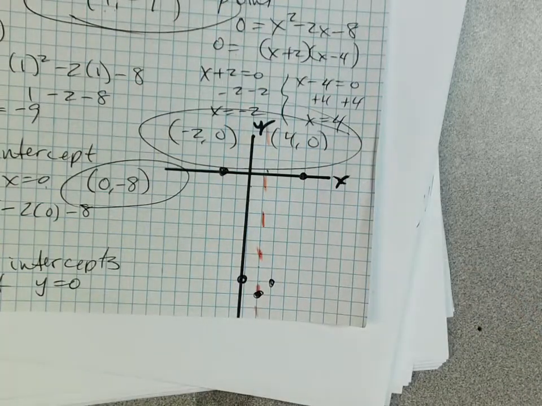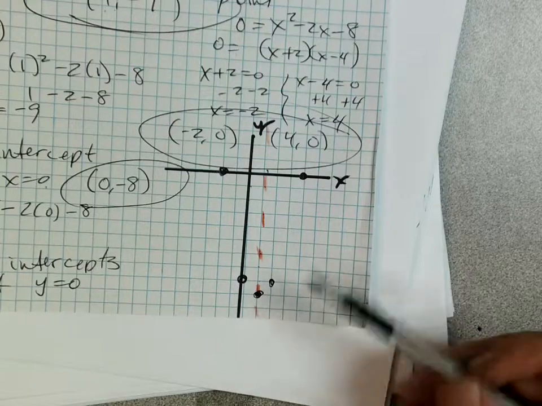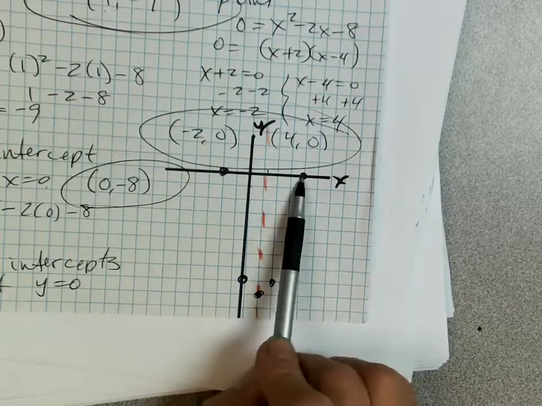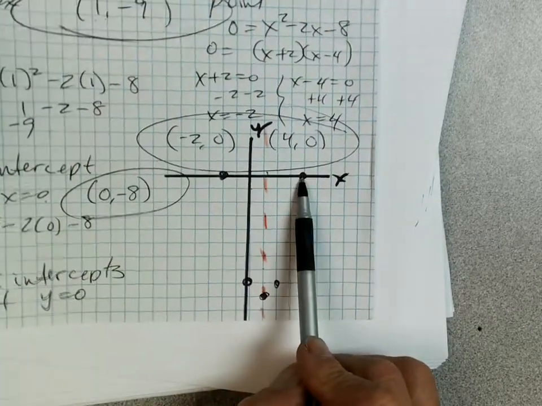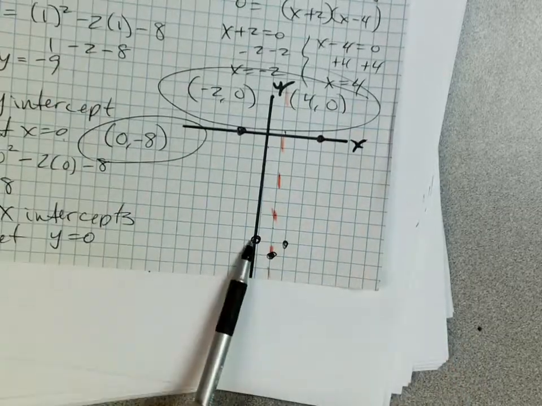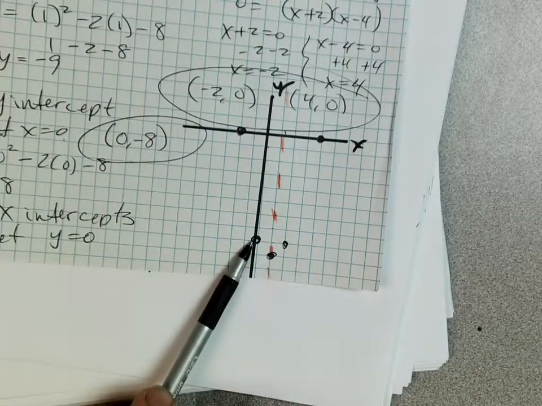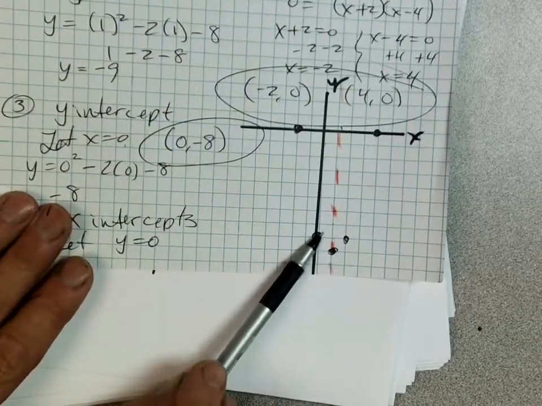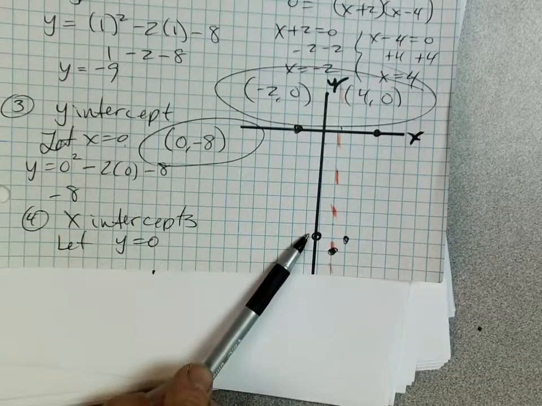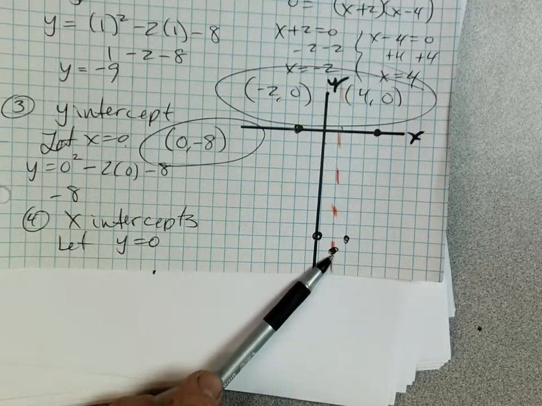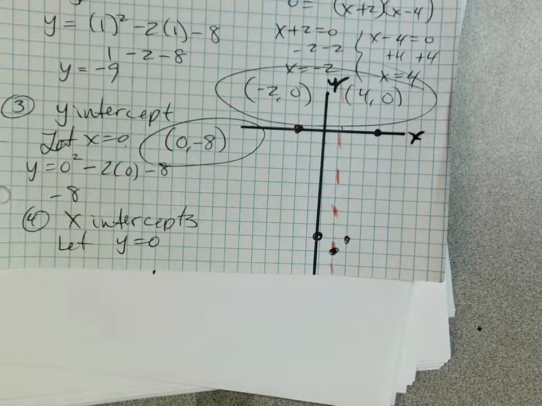Now, Bijou, we know the general shape, so we just connect the dots. I know where the negative 2, 0 came from and where the 4, 0 came from. Let's remember, it's not pointy.